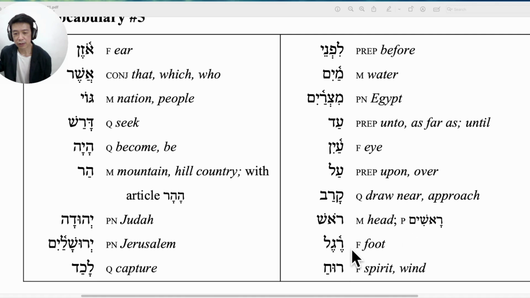The next word is foot: regel. And finally, the word for spirit and wind is ruach. Notice that even though this ends with a chet, it's not pronounced as ha, but as ah, instead of ha. So it's ruach.